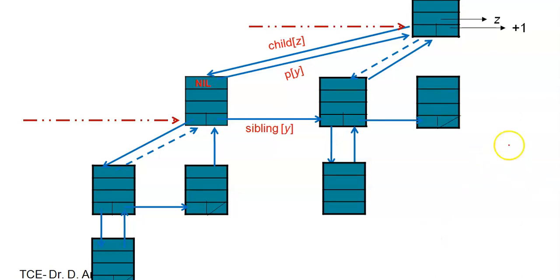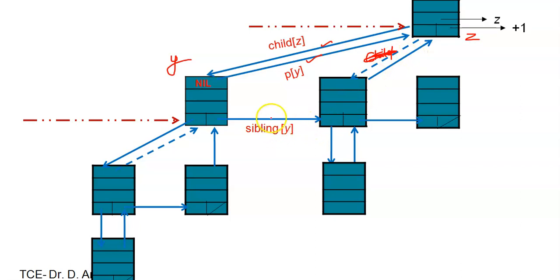This is the representation that we have already seen. This is z and this is your y. Initially z has these two children, and its original child is this one, but now I make y a child. Hence I am updating z's child as y and y's parent as z, and I am also updating the sibling of y equal to z's original child.